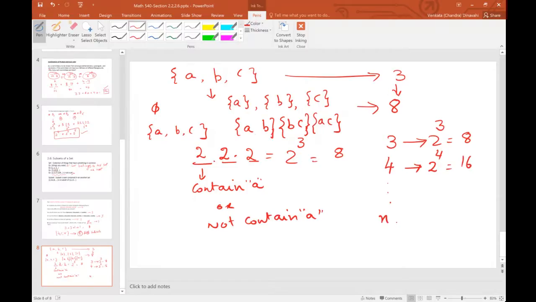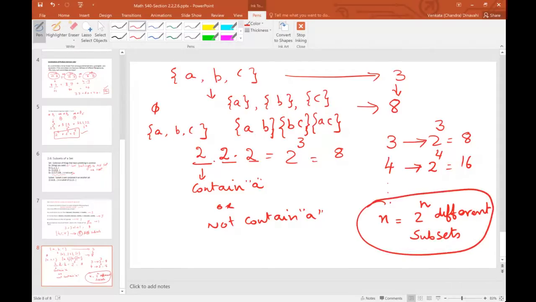So if your set consists of n members, then it has 2 to the power n different subsets, because I'm multiplying 2 n number of times. Okay guys, please remember, one of them is an empty set, but mathematically it does play a very important role. So if the total number is n, it has 2 to the power n different subsets. So that is what 2.6 covers.